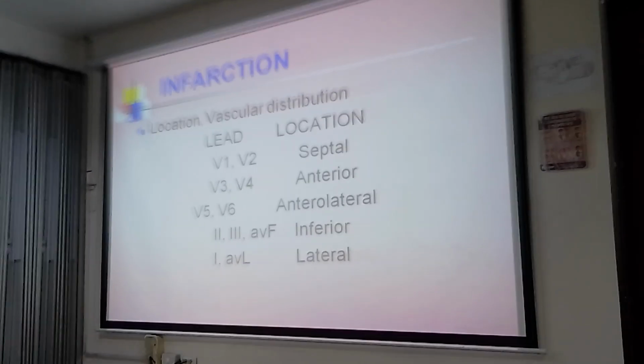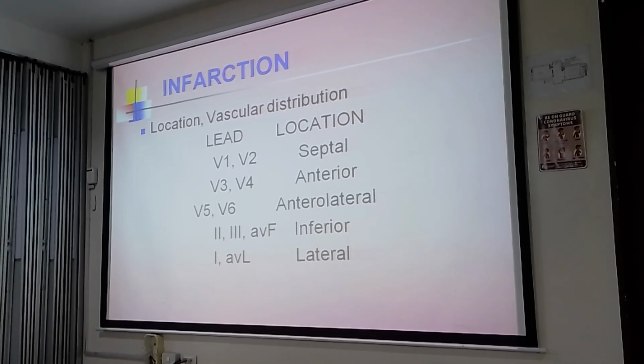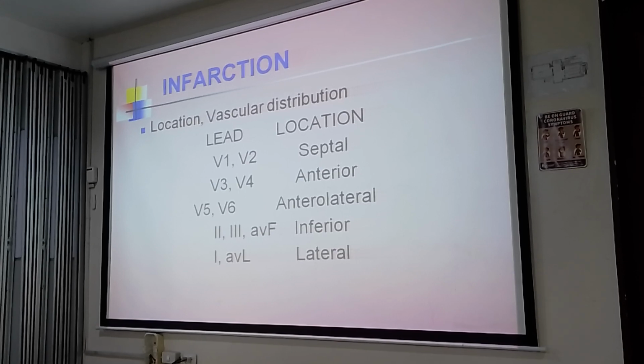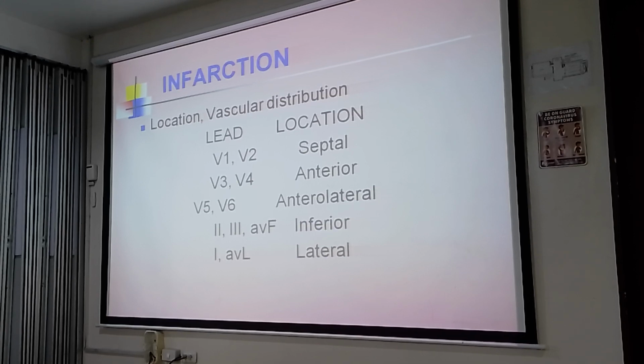The heart sits on the diaphragm. That part that sits on the diaphragm is the inferior wall. It's represented by 2, 3, aVF. If you have Q waves in at least 2 out of the 3, you have significant Q, that signifies a prior infarction of the inferior wall of the ventricle. Okay? And 1, aVL, lateral wall.